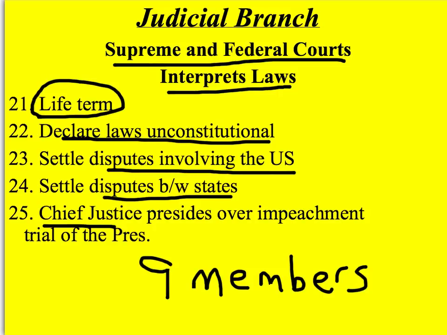It then goes to trial in the Senate. The Chief Justice of the Supreme Court presides over the impeachment in the Senate. By the way, in the Senate, it's just a simple majority. If the majority of the senators vote for impeachment or removal, then the president is gone. Okay? Again, it's never happened. We've had 2 trials, but both times the president was found not guilty.